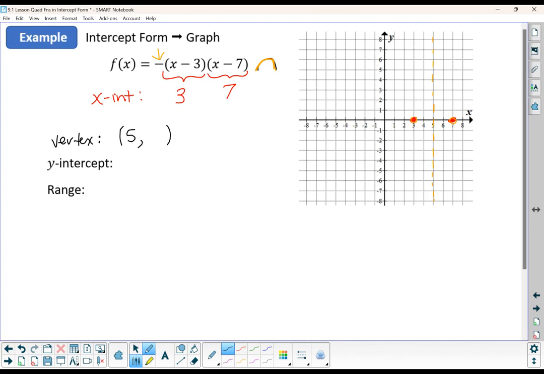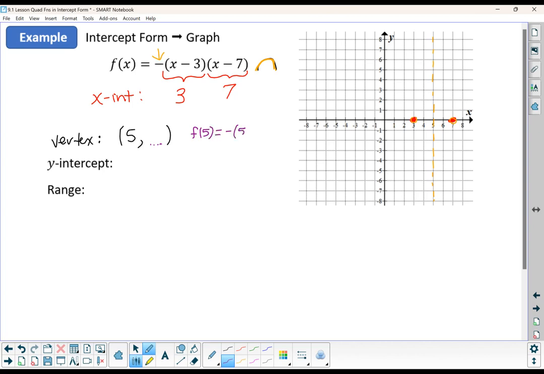And you might not know where to put that vertex. Well, anytime we have a function and we have an x value, we can always sub in to get our y value. So if I'm wondering about the y value of the vertex, I'm going to just figure out what I get when I sub 5 into my function.